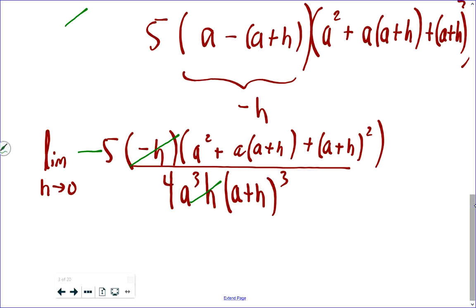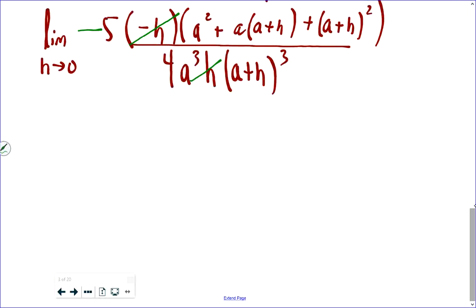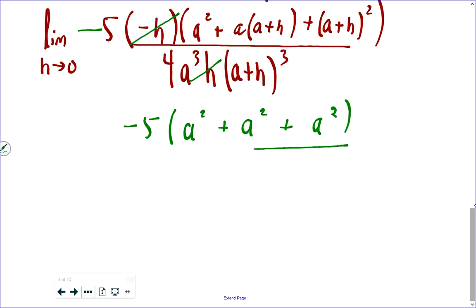And now we can put 0 in for h. And what I get is negative 5 times a squared plus a squared plus a squared over a cubed times a cubed and a 4.